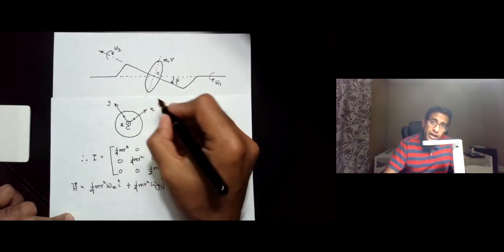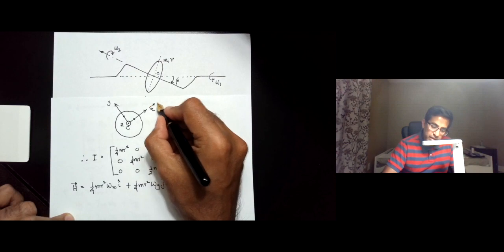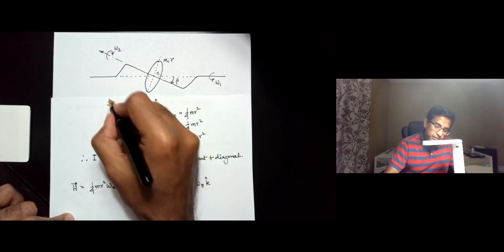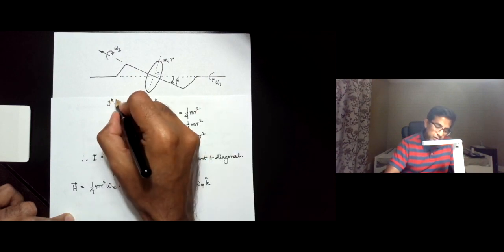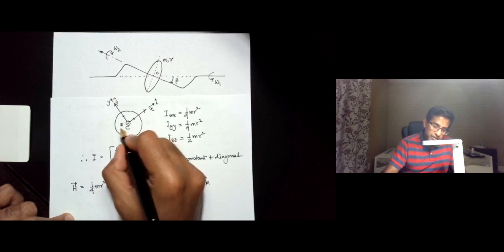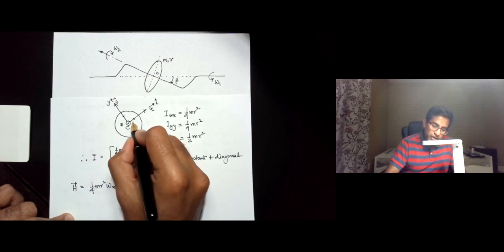Okay, so i is essentially this way, j is this way, and k is pointing upwards.